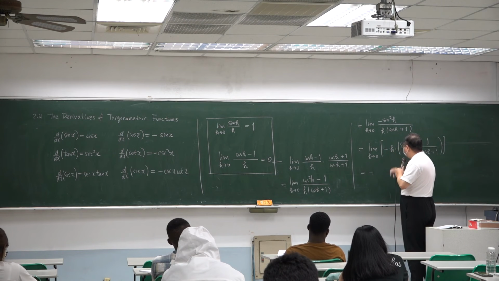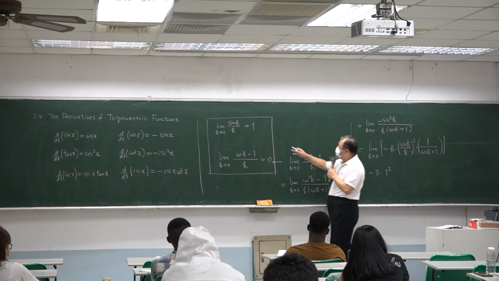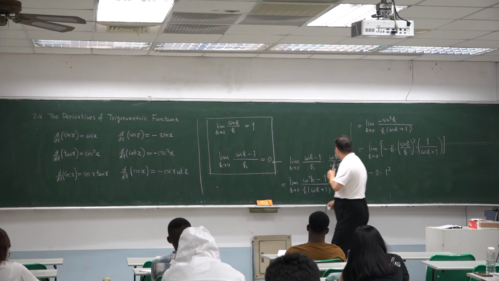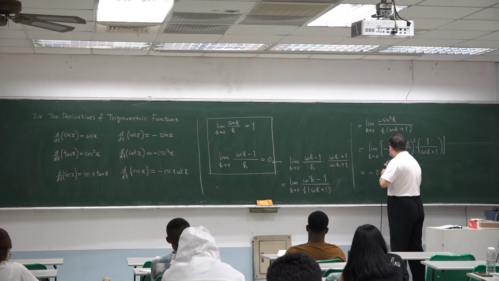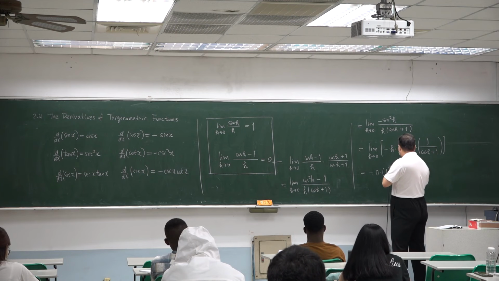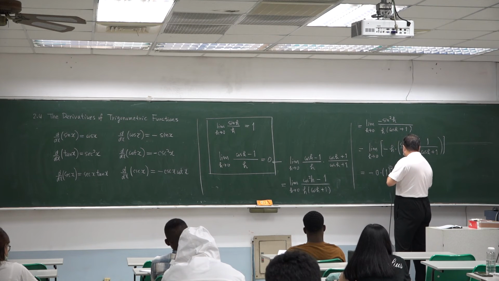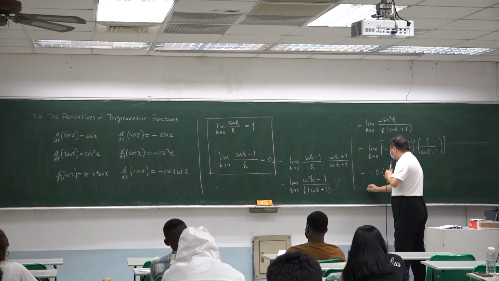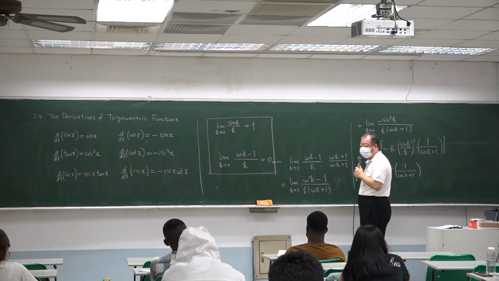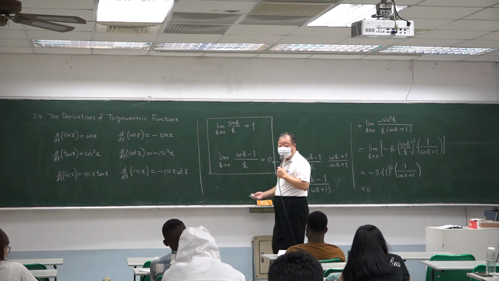Okay, this is the identity function or polynomial function whose limit is 0. And this is 1 here. And this is cosine 0 plus 1. And this is 0. Okay?